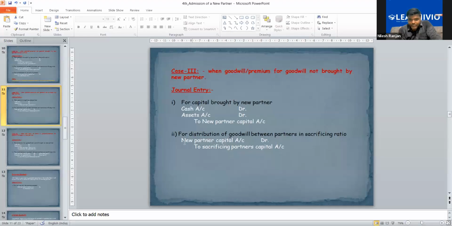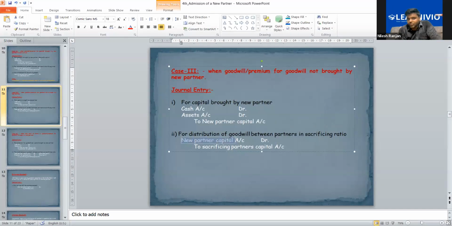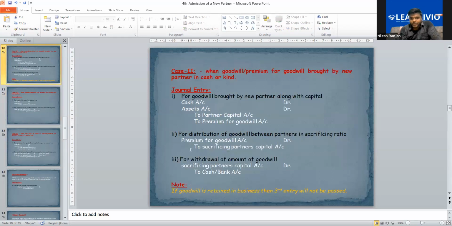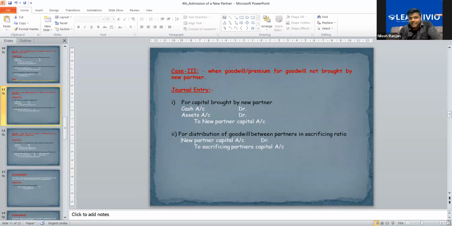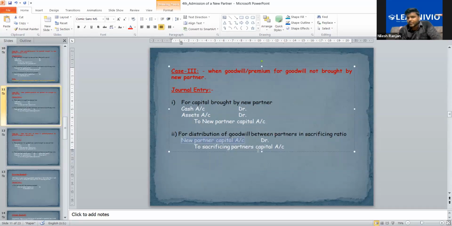How will it be adjusted? You can see the entry. New partner's capital is on the debit side, meaning it is to be deducted from his capital account, and distribution will be done like this. In the previous case, the journal entry was premium for goodwill, but here he is not bringing goodwill. That's why it is new partner's capital account debit to sacrificing partners' capital account, because we are taking the value of goodwill from his capital.